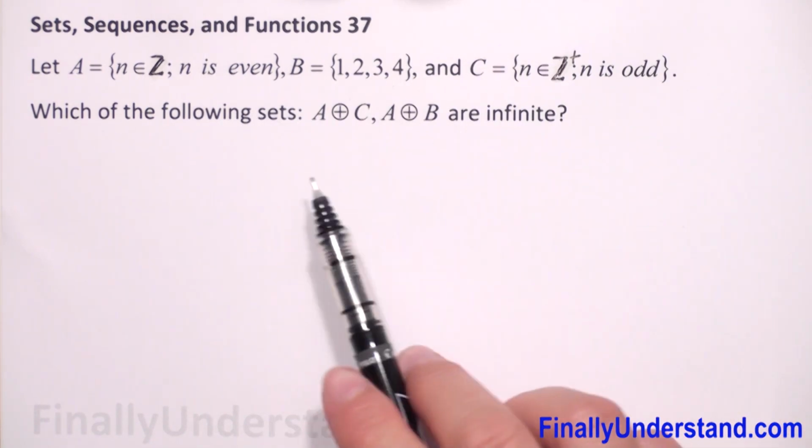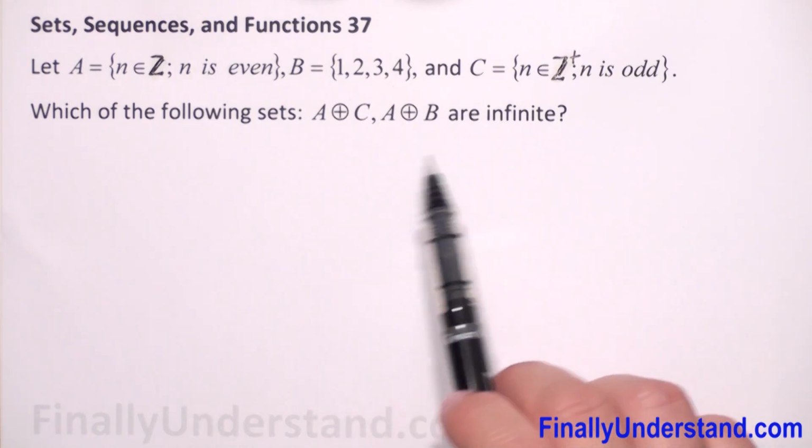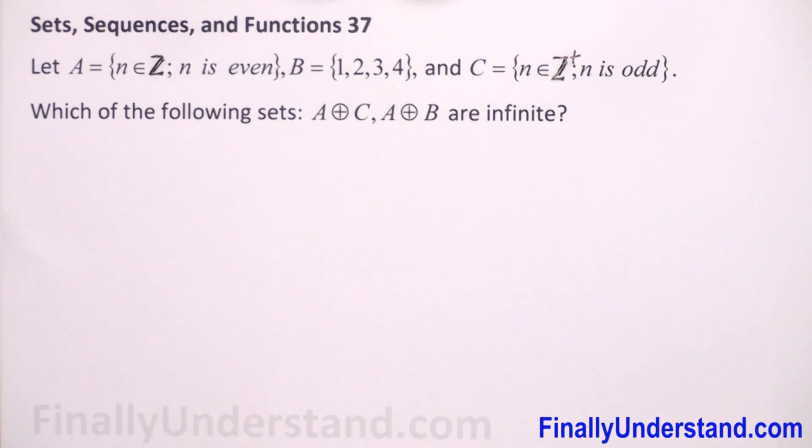So first let's find the symmetric difference of those sets. We know that the symmetric difference of two sets, A and C for example, consists of those elements which belong to A or C but not to both.